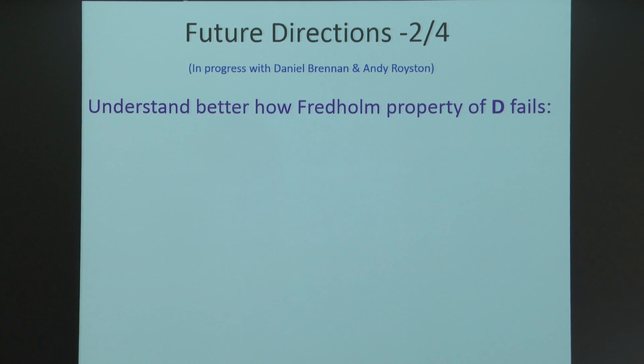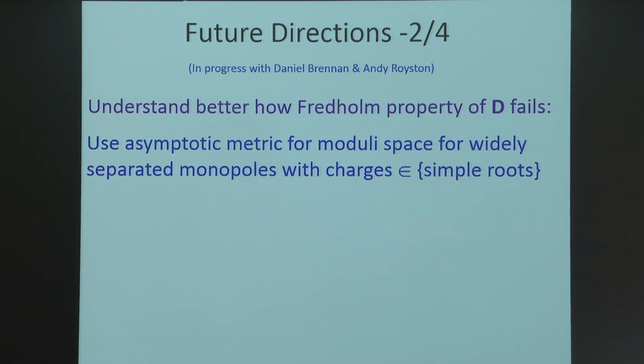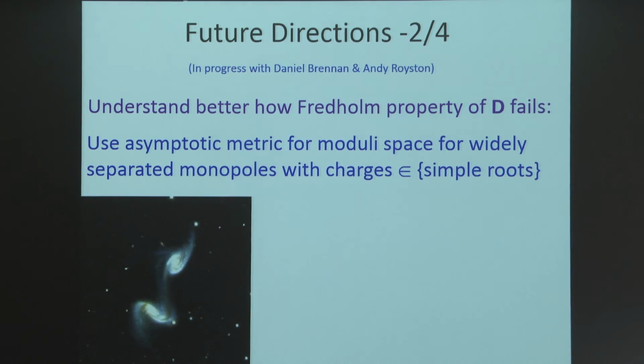So how do we understand better the Fredholm property failing? Well, there's a known asymptotic formula for the metric on moduli space when there are widely separated monopoles whose charges are simple roots. You look at this kind of limit, where you take two clusters, and each monopole with simple roots is very far separated, like a star, on the length scale of the theory, and then the clusters are hierarchically even further apart.